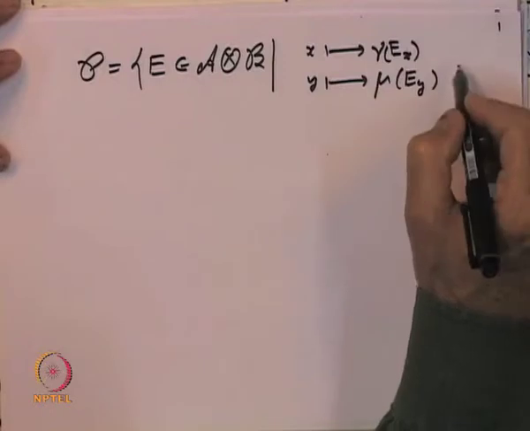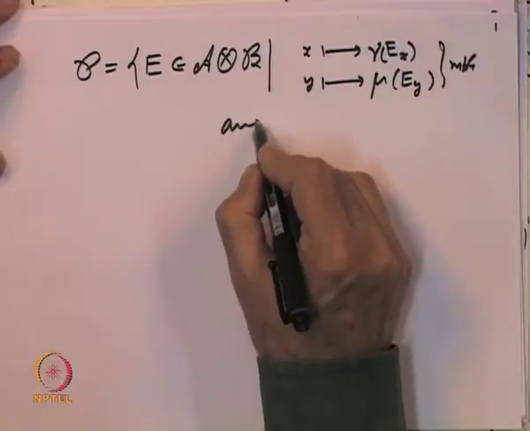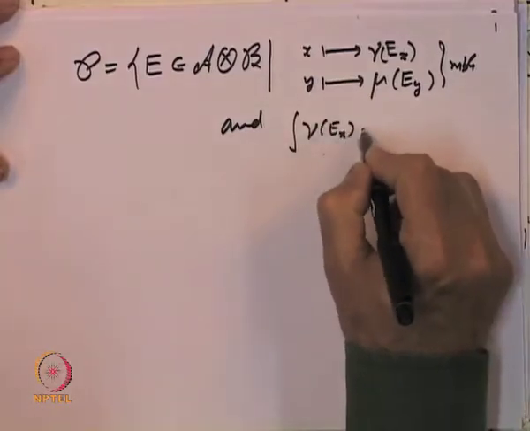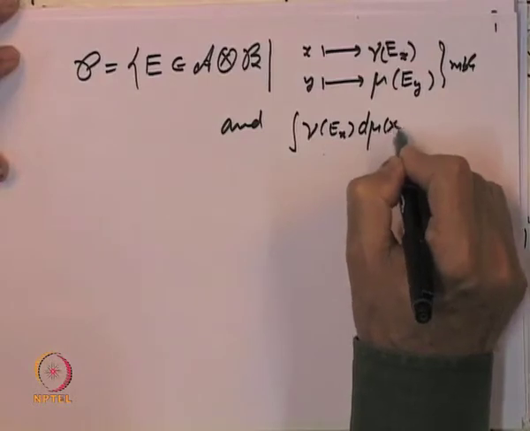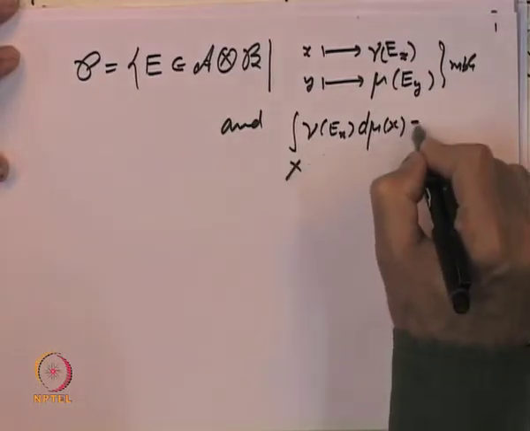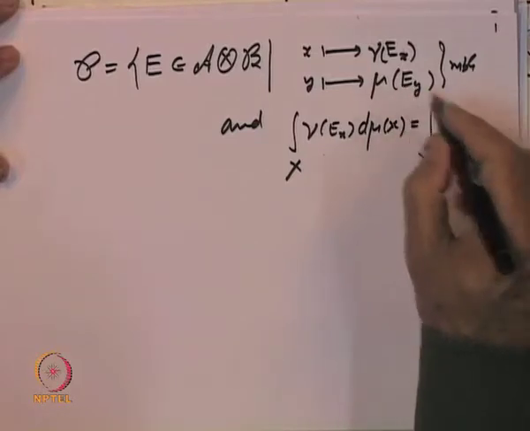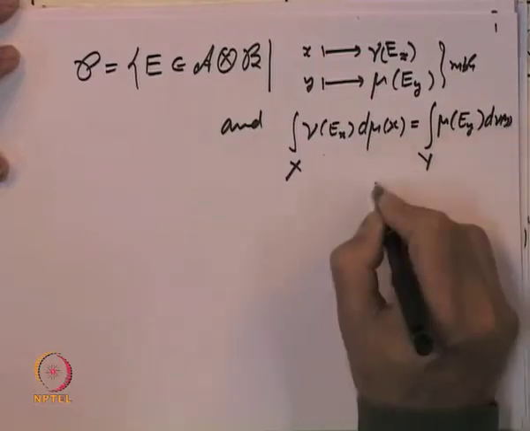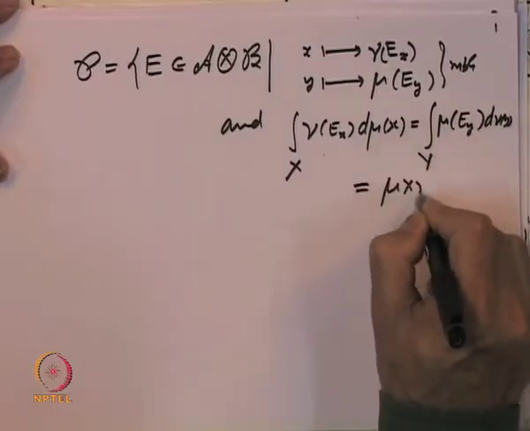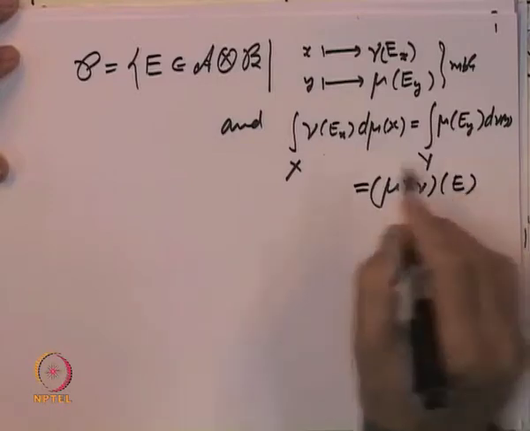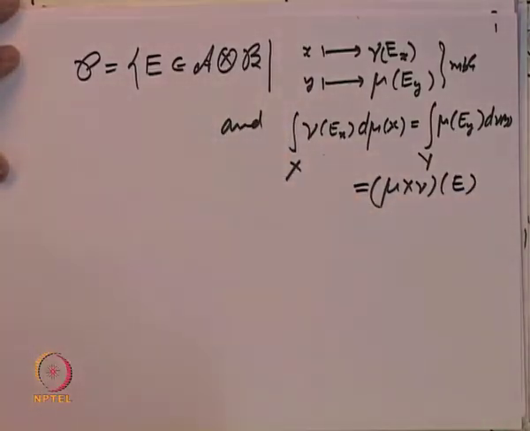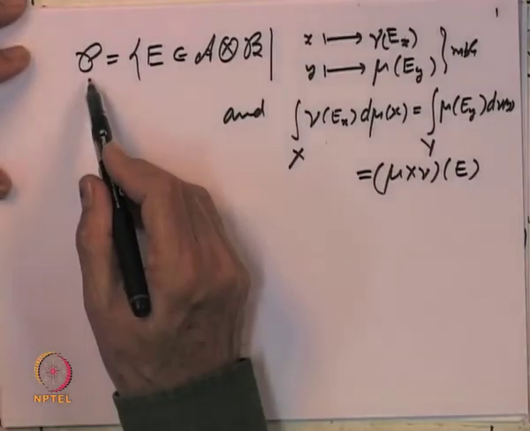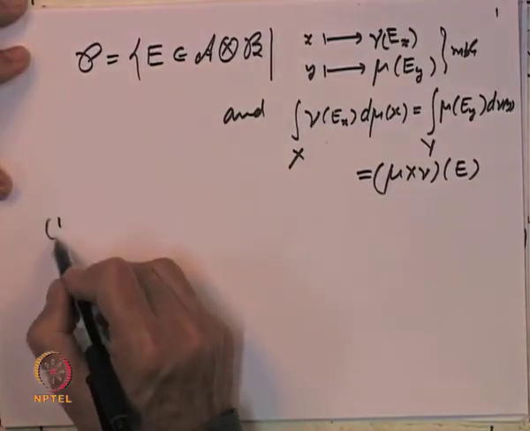So, both these functions are measurable, and the property is that if we integrate nu of E x with respect to mu, so we are integrating over x, this is the same as the integral over y of the second function mu of E y with respect to d nu of y, and both of them are equal to the product measure mu cross nu of E. So, this is the collection of all those sets E in the product sigma algebra for which this holds, and we want to show that P is a monotone class. So, let us look at the first property.